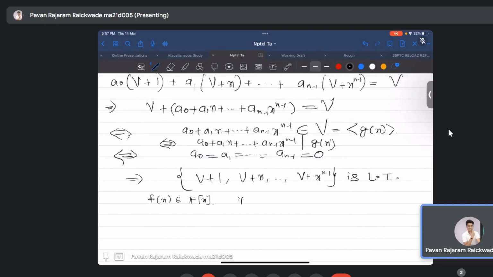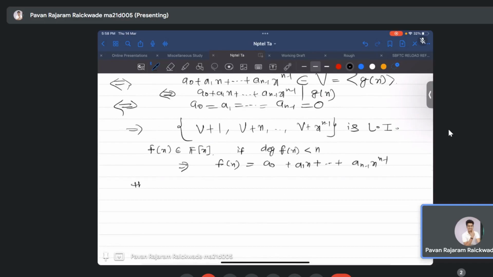If the degree of f(x) is strictly less than n, then you take the same alpha and create. This implies f(x) equals, let's say, a naught plus a1 x plus up to a n minus 1 x raised to n minus 1.